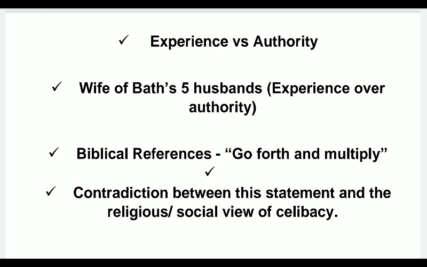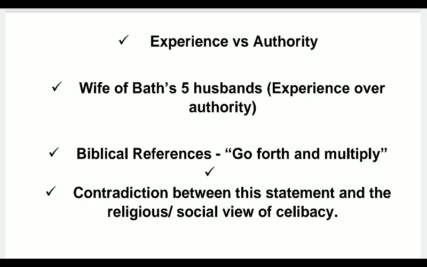And for experience, we are talking about experience of marriage and sexuality, and that is one important issue again of Wife of Bath, that it gives us a lot of information about the medieval ideas of marriage and sexuality, especially for women of that contemporary age.